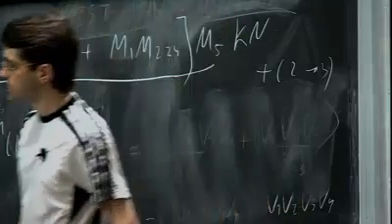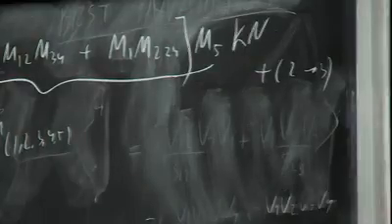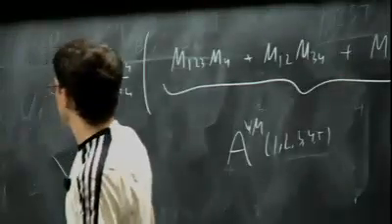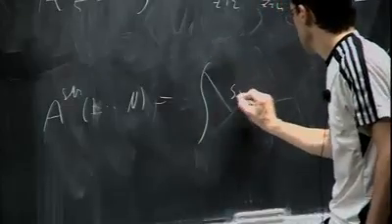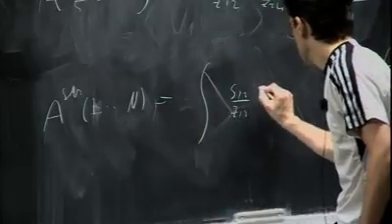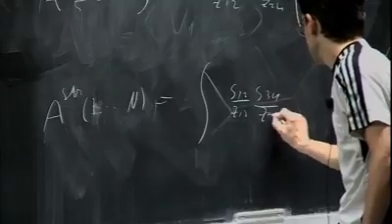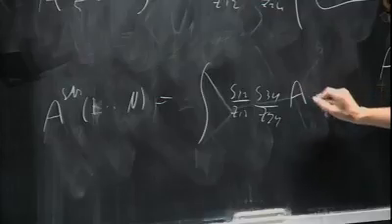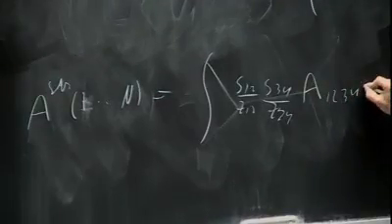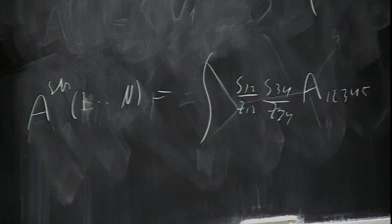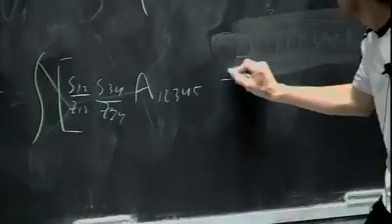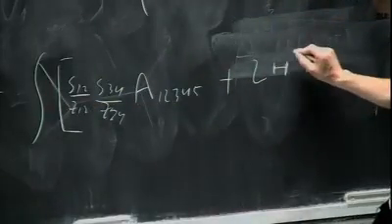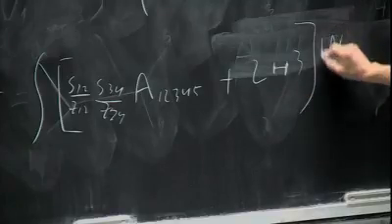So what you get in the end is that the string amplitude with the canonical ordering here is the integral of S12 Z12 S34 Z34, and then the Yang-Mills amplitude of 1, 2, 3, 4, 5, plus 2 and 3, Koba-Nielsen.